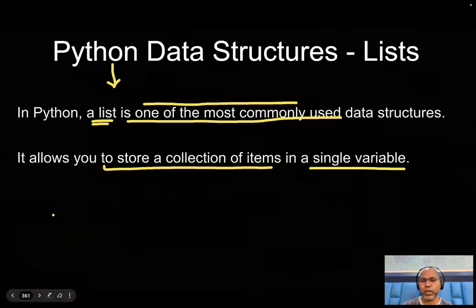We have a collection of items, elements, where we want to do some processing, manipulation, transformation, so the list helps us. You can use the list in the place where you are going to work on collections of elements, data.